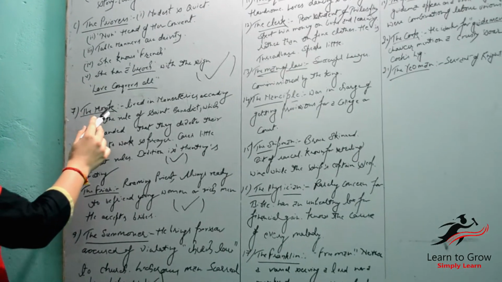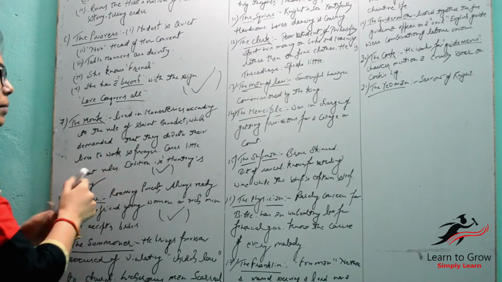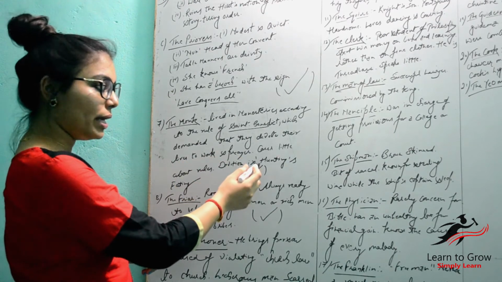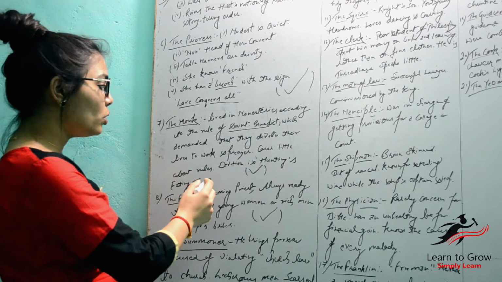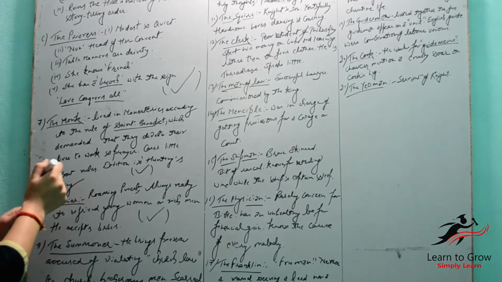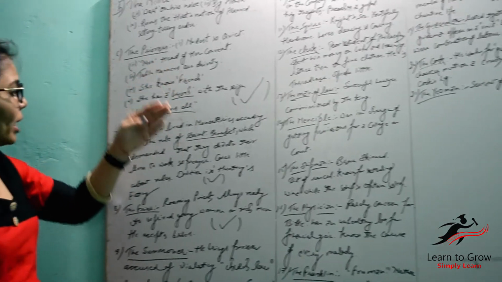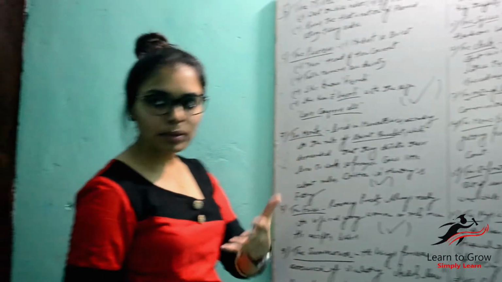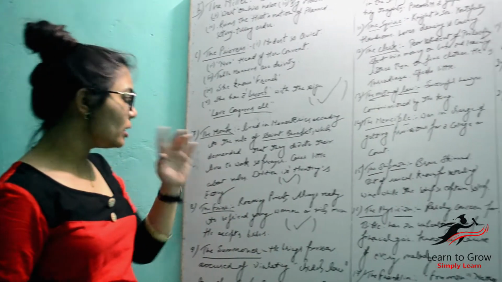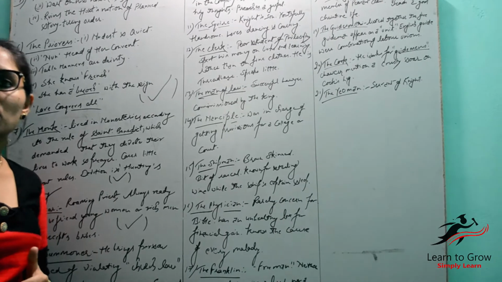The 7th one is the Monk. He lived in a monastery according to the rule of Saint Benedict, which demanded that they devote their lives to work and prayer and care little about worldly things. His devotion is hunting and eating. You can see that characters like the Prioress, the Monk, and the Friar, which I will tell you about, are a religious group of that time. This Monk is quite contradictory to his profession.